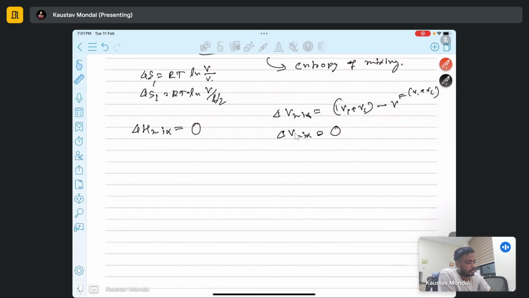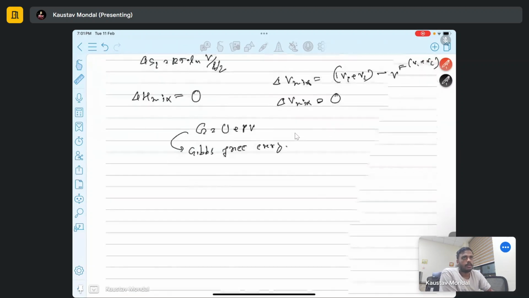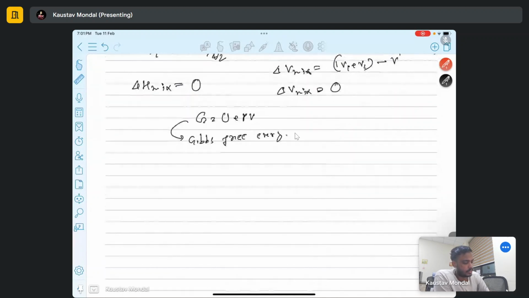Gibbs free energy is basically G equal to U plus PV, right? Now from here, delta G will be delta U plus P delta V plus V delta P.